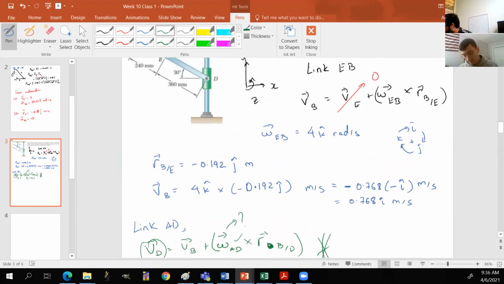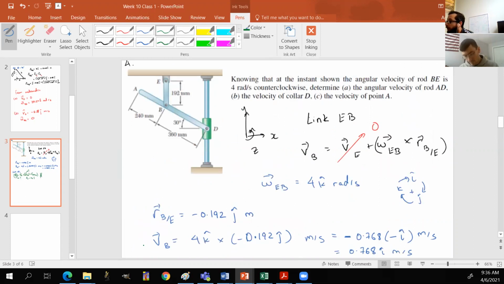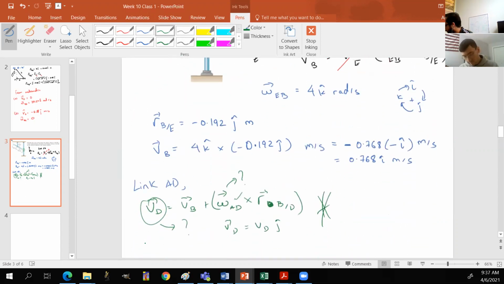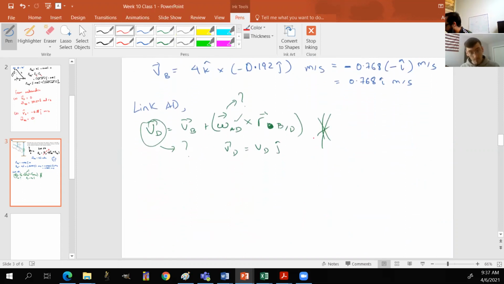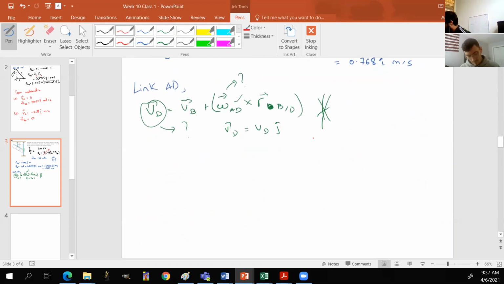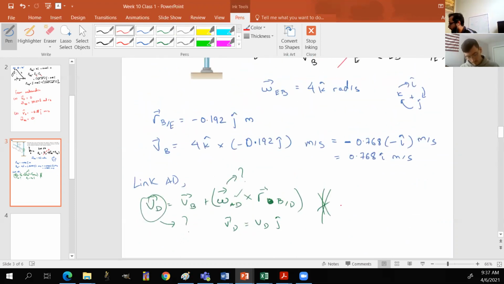And then you can just do the same thing for VA, all right? That'll be two more expressions. But we're going to look at the instantaneous center of rotation. By the way, before I do that, are you guys clear with this method of how to do the problem? This equation is going to give you two unknowns, VD and omega AD.